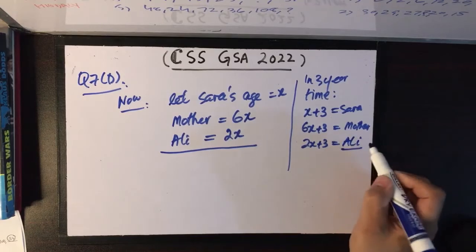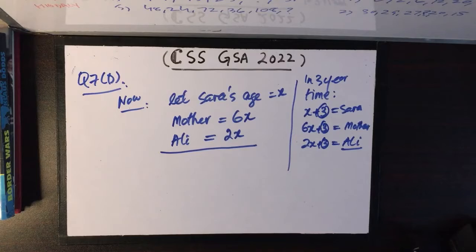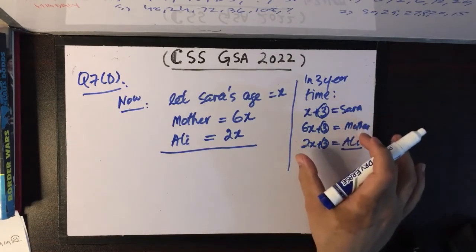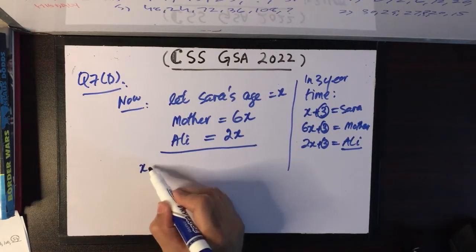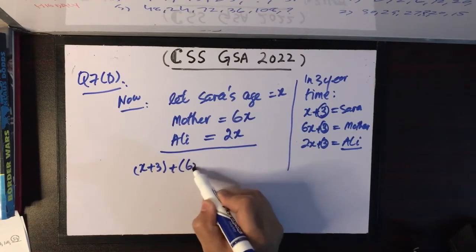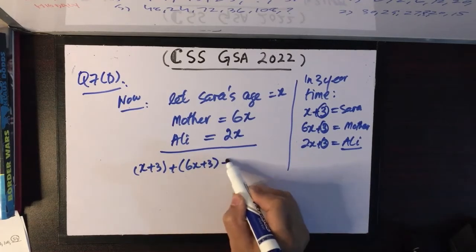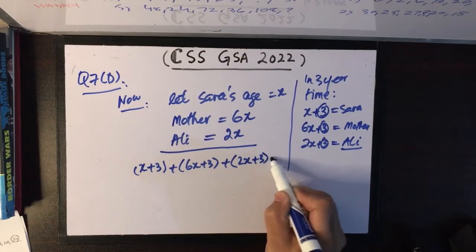In 3 years' time means we add 3 years to their ages. After 3 years, the sum of their ages is 72. After 3 years, Sarah is X plus 3, her mother is 6X plus 3, and Ali, her brother, is 2X plus 3, equals 72.